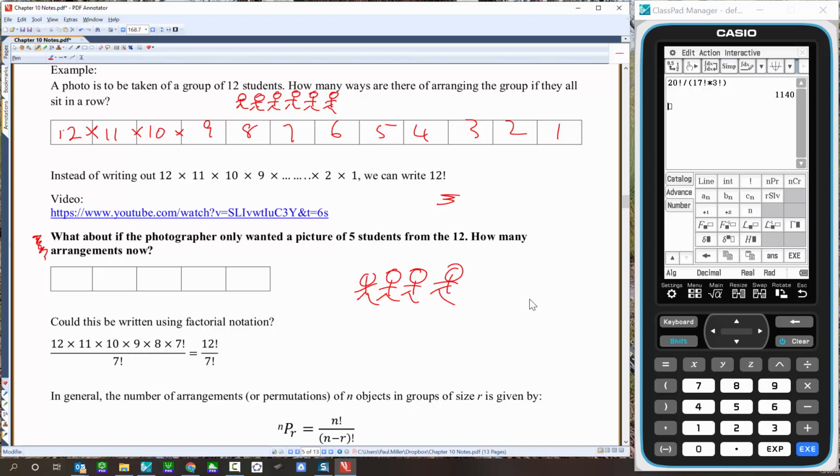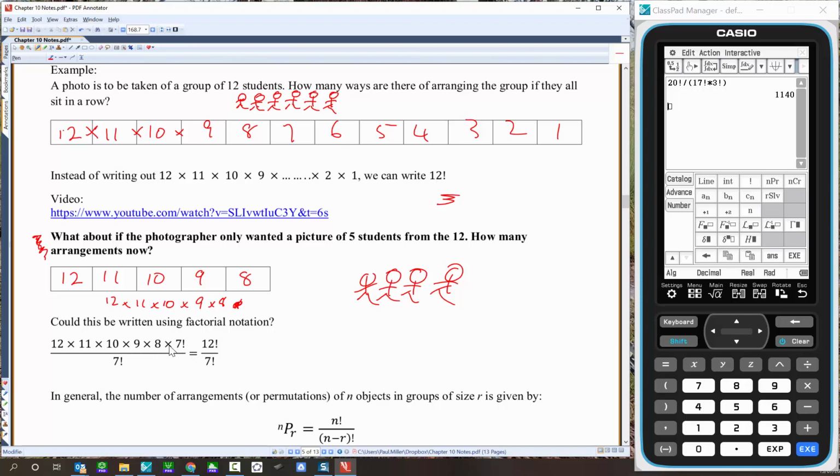So I'd be looking at all 12, and from these 12, I've got 12 possibilities, then 11, then 10, then 9, then 8. And the rest of the girls are unfortunately going to miss out. So this could be written as 12 times 11 times 10 times 9 times 8, okay, and left at that.